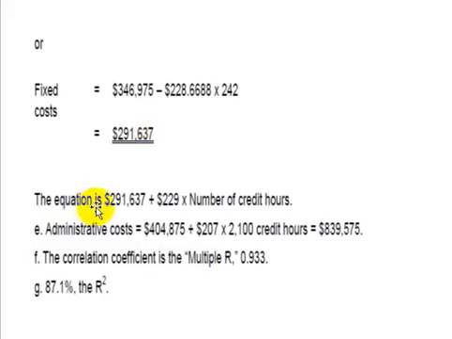So the equation by using the high-low method is fixed cost 291,637 plus B, rounded to the nearest dollar, times number of credit hours.